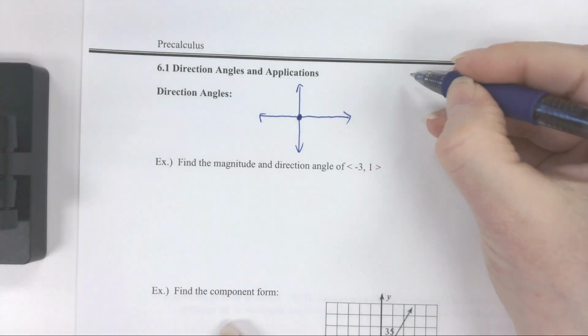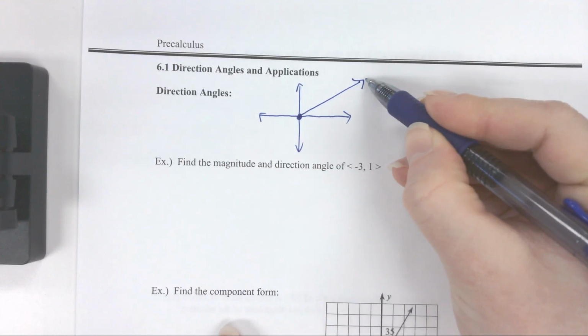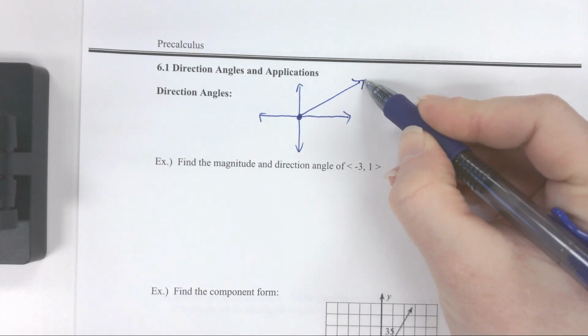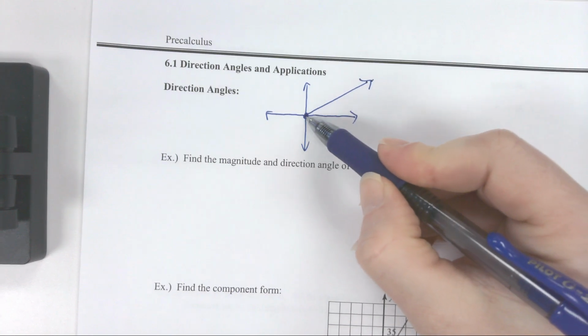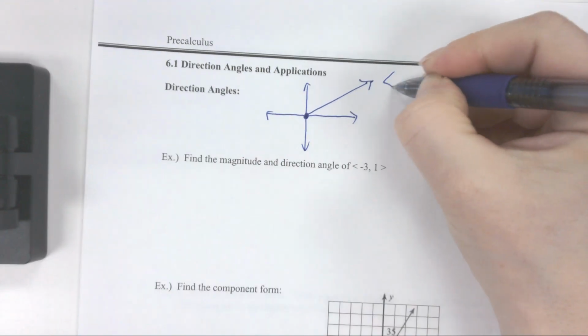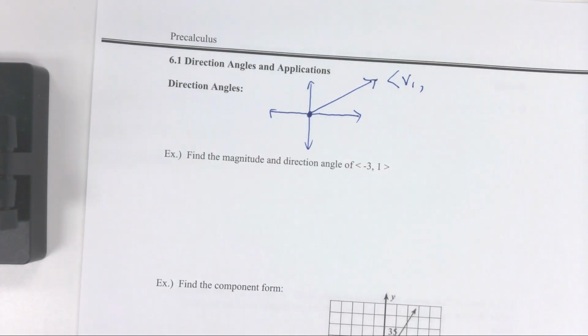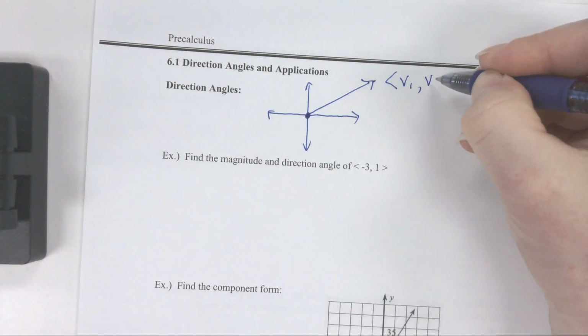This is not like in geometry when you have a ray that goes forever. It starts here and ends at the top of the arrow. The first component is how far over it goes, and the second is how far up it goes.